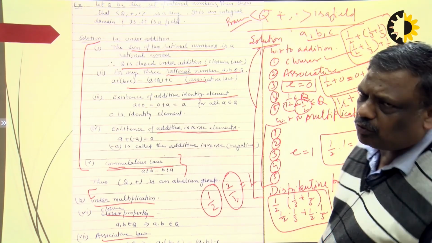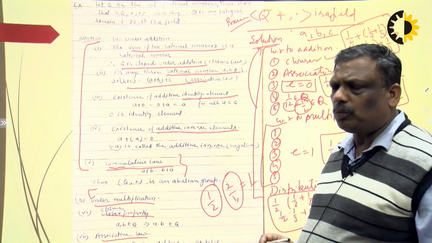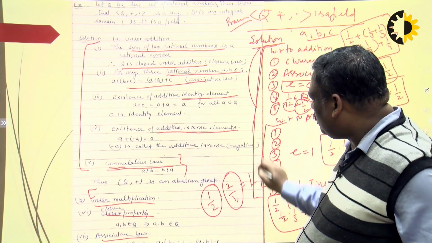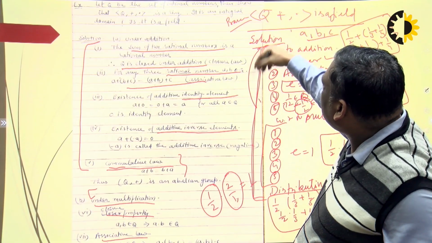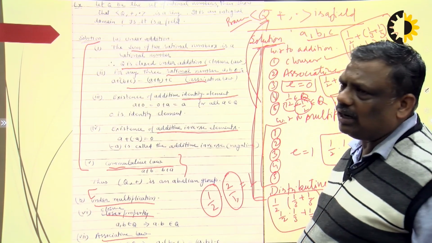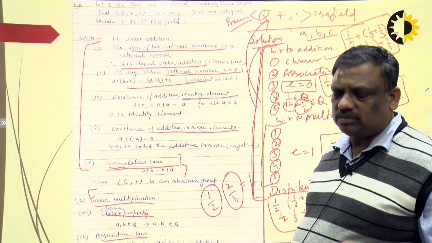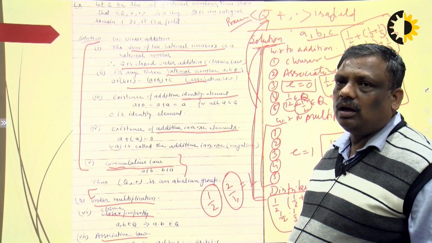This one is the left distributive property. So these 11 properties hold, and we can say that this Q under the operations of addition and multiplication is a field.